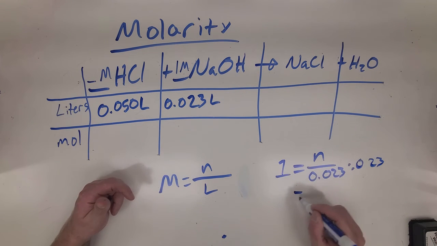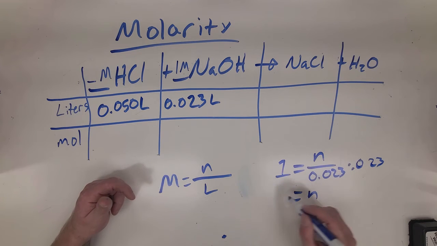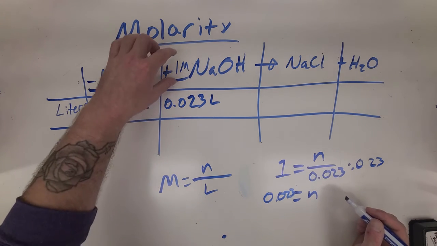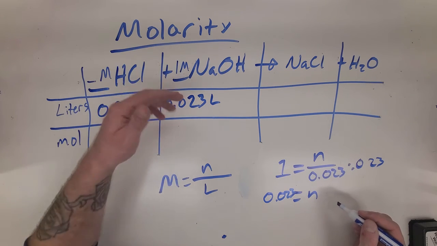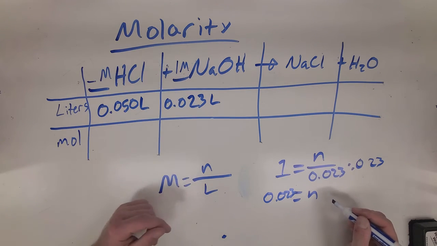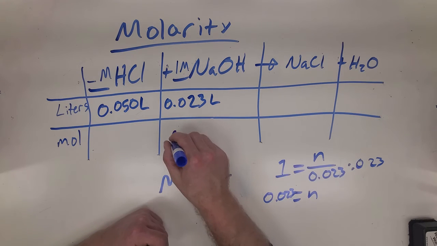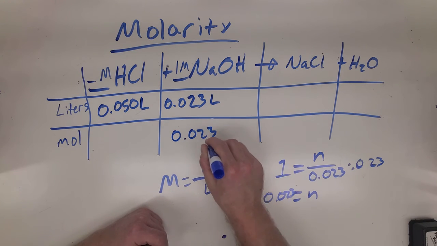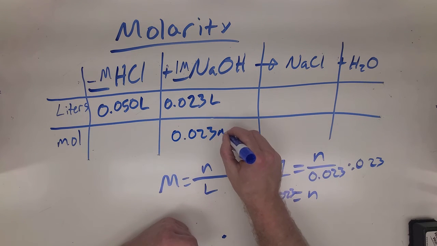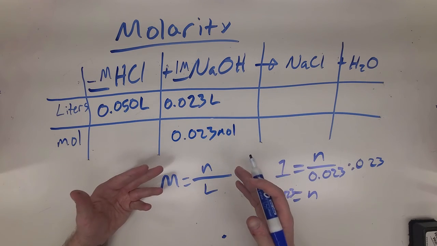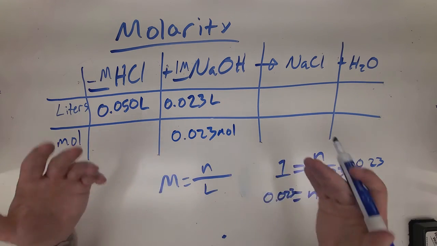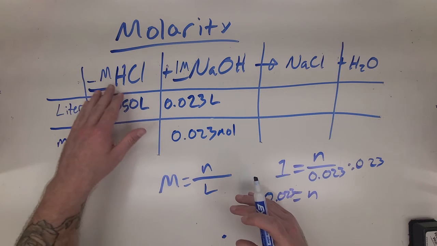And that comes out to the same thing. n equals 0.023. It's good to use something that's got a nice even number like that, because then when you get this, you know it's going to be that same number of moles. So it's 0.023 moles.